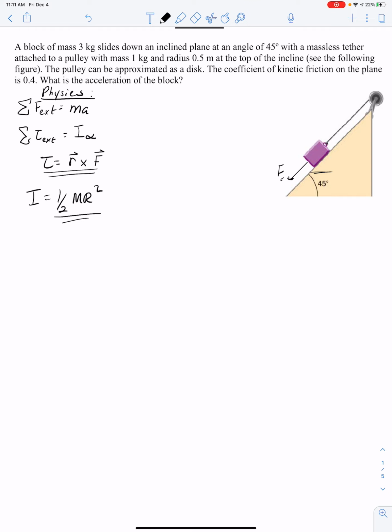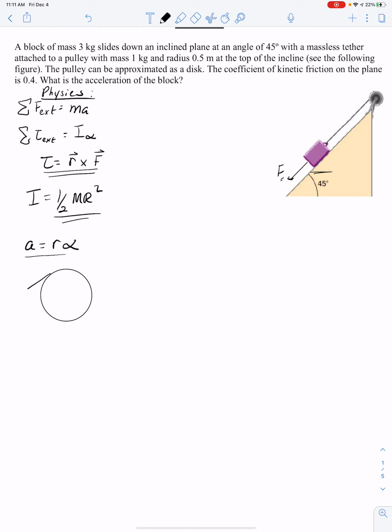And actually, one last thing, since we're dealing with a rotational object, and it is a rotation that we're going to assume is uniform, the acceleration is not uniform, but it is rotating. It is definitely rotating, so the acceleration is equal to the radius times the angular acceleration. And the reason why this is important is because we are dealing with a tangential force that is acting on the pulley.